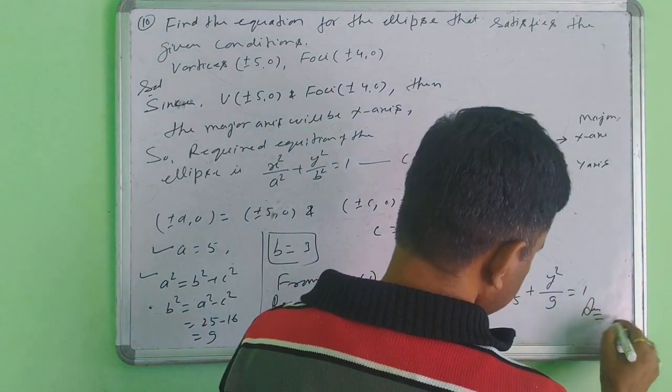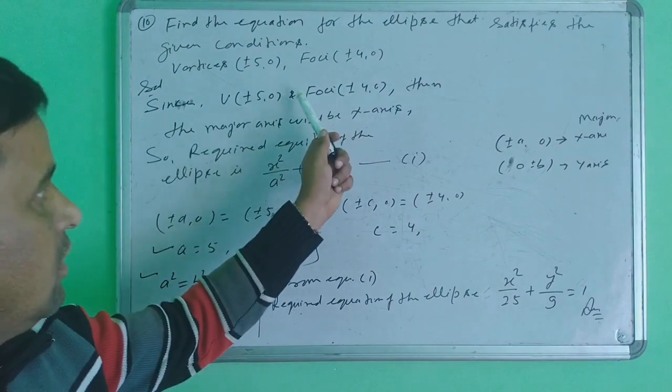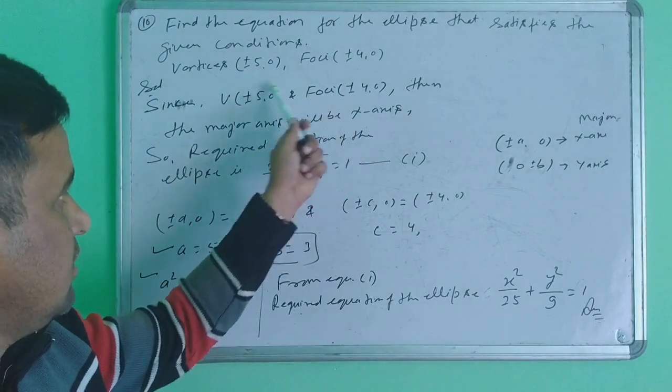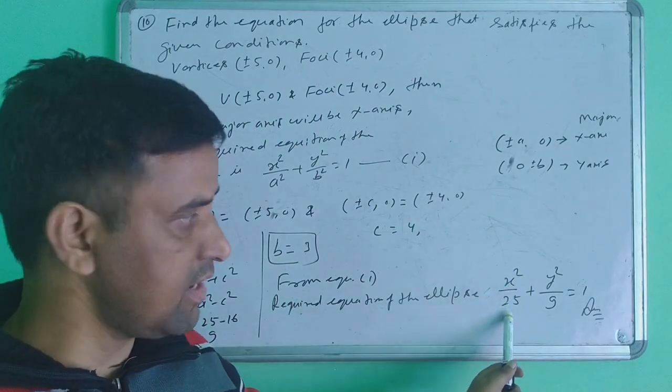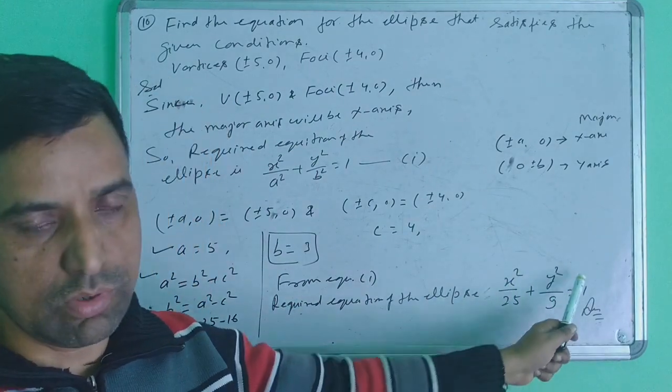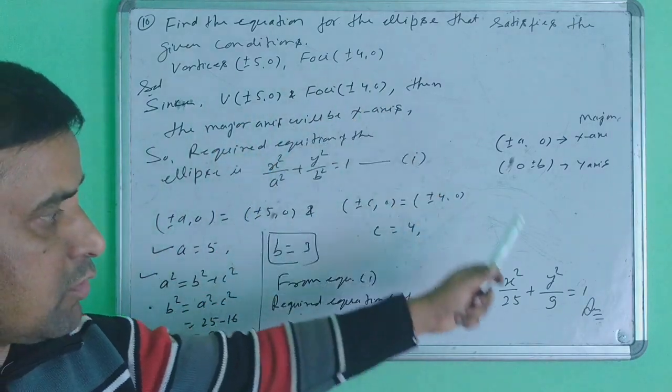This is your answer. According to the given condition, the required equation of the ellipse is x square upon 25 plus y square upon 9 equal to 1.